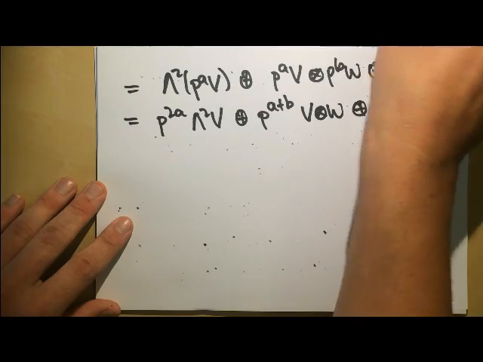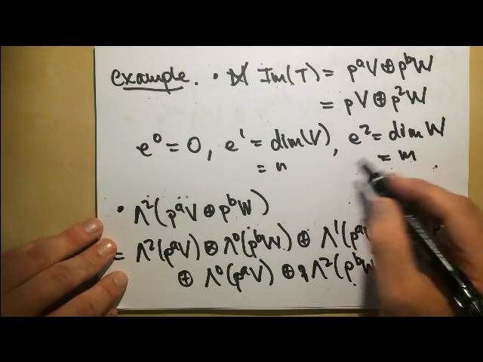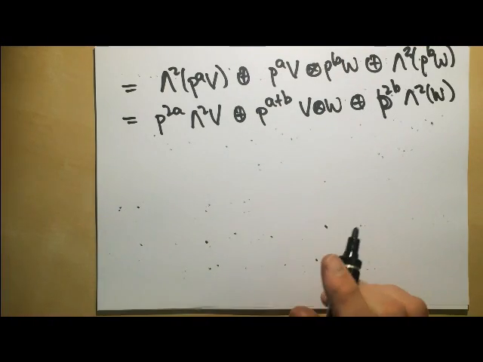Okay, and if we go back to these numbers that we picked, so a was equal to 1 and b was equal to 2. If we do that, what does this become?